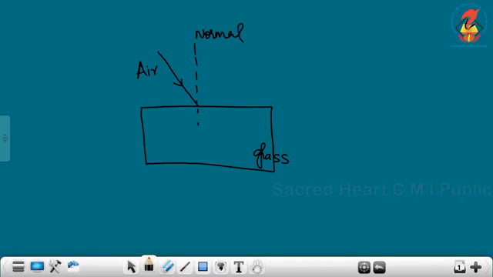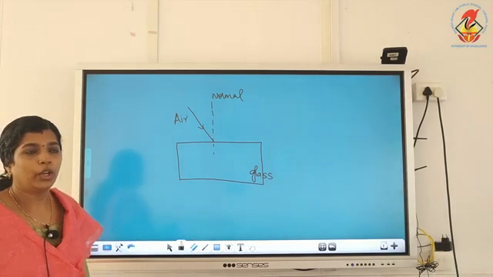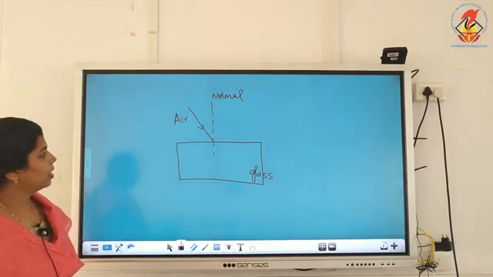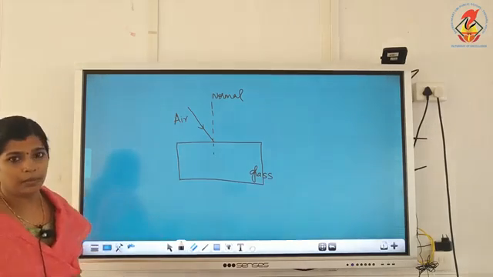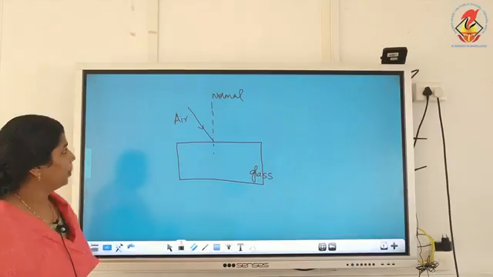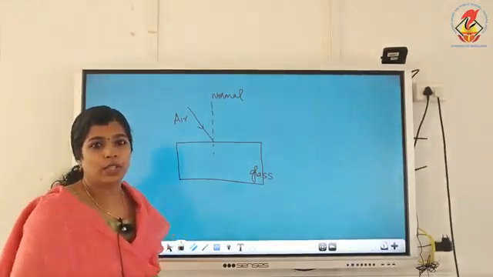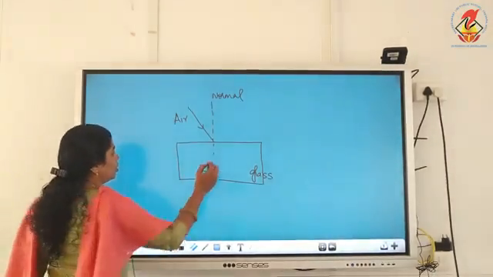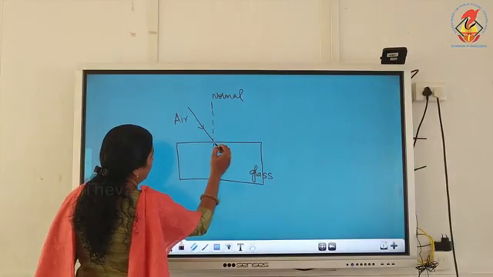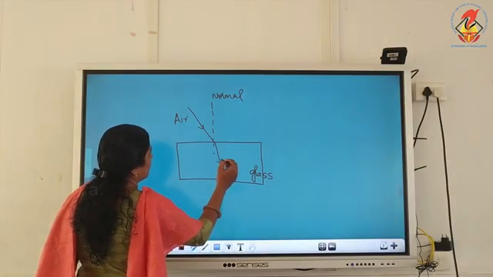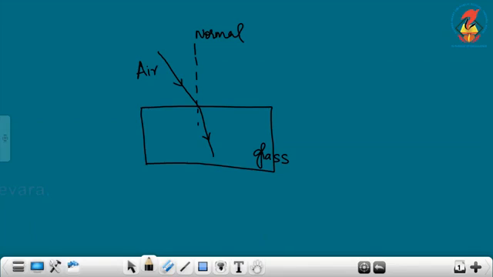When a ray of light enters from air to glass, it will suffer deviation, or a bending, at the surface of the two separating media. It will bend like this. That ray is known as the refracted ray.